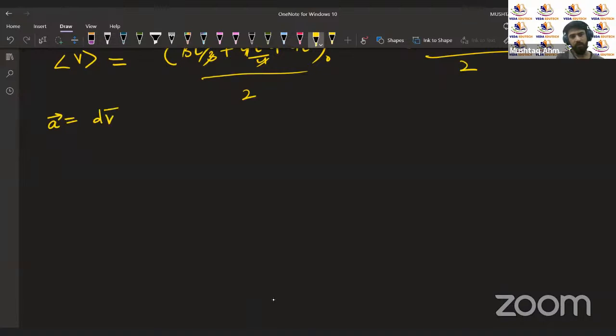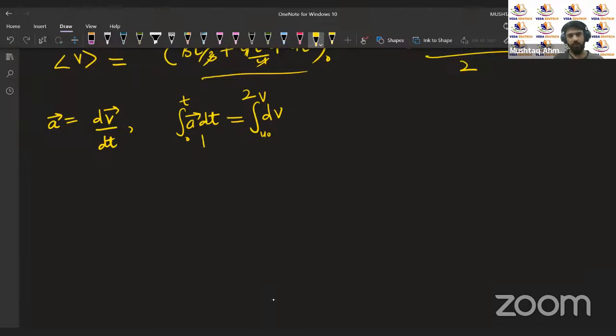We know acceleration is the first derivative of velocity with respect to time. And if we have to calculate the velocity as a function of time, we just integrate the acceleration with respect to time. We get to know about the velocity at a later time t. So that's how we calculate the velocity at different times from 0 to t. Suppose the initial velocity is u naught and the final velocity is v.